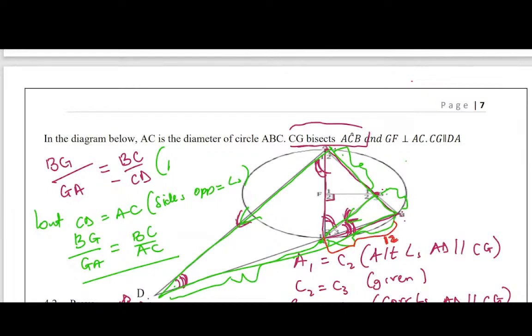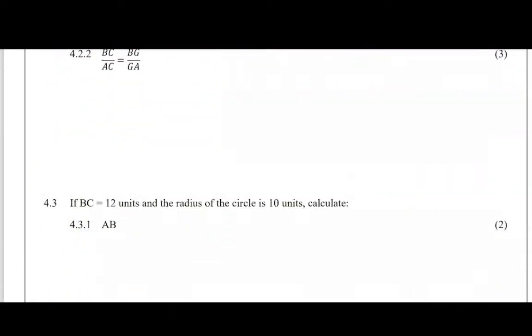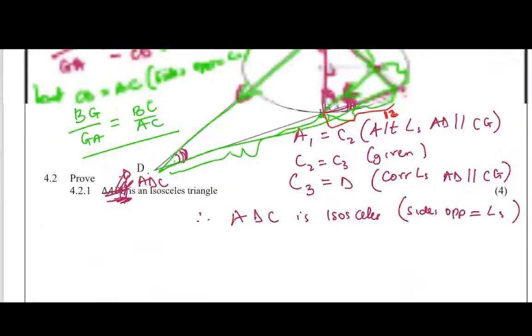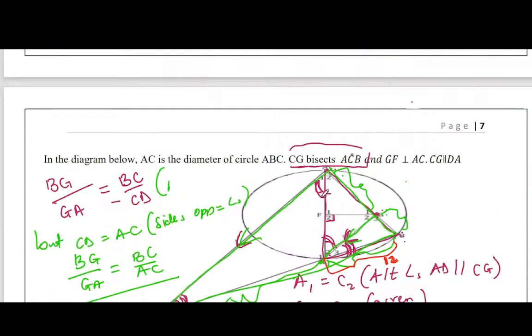And then they are telling us that the radius is 10 units. Remember this was a diameter, so if this is probably our circle, we can make this a 10.